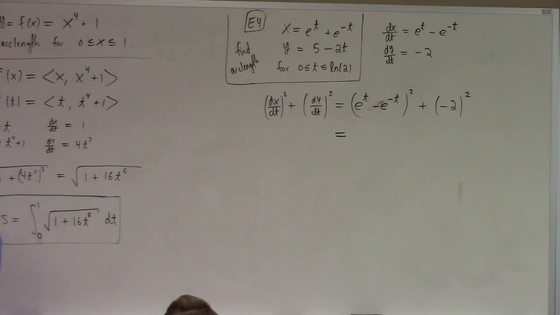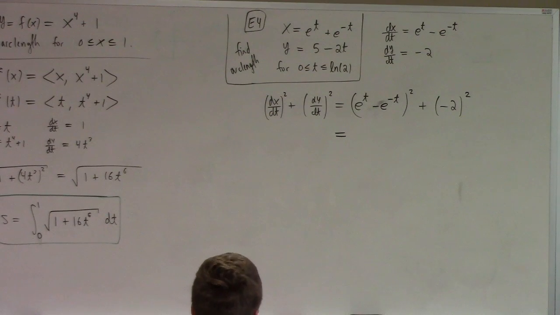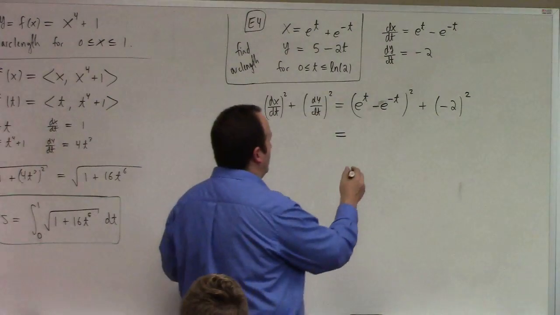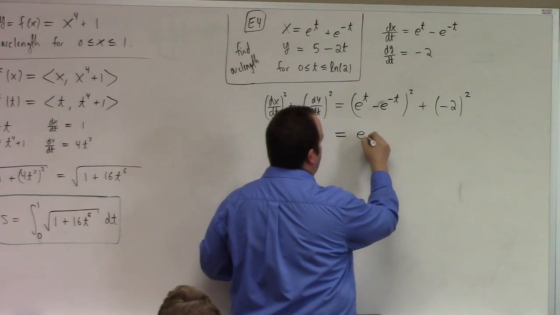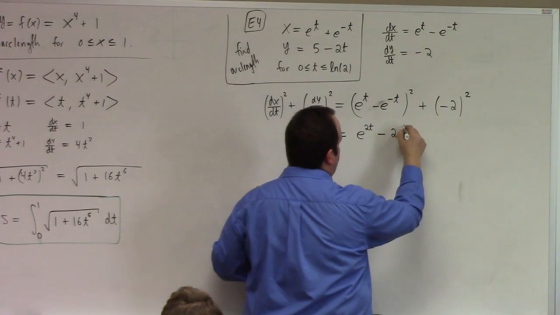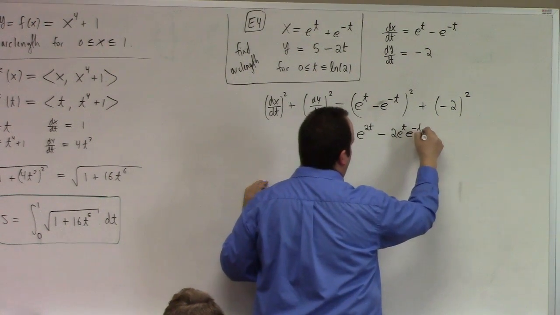So what do you get when you multiply that out? Here we go. We get e to the 2t, right? Minus 2 e to the t, e to the minus t, right?